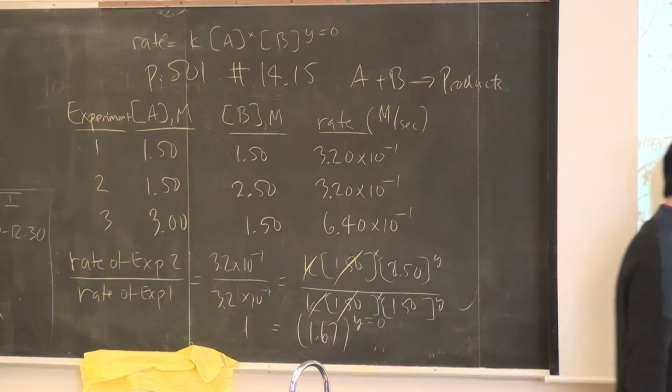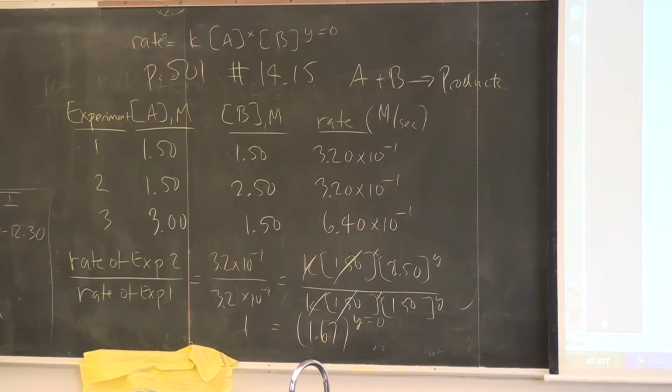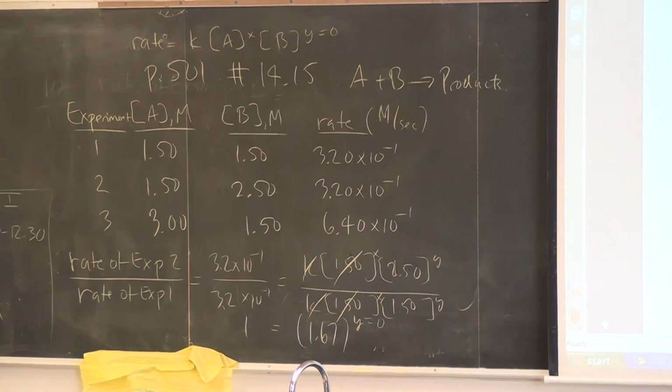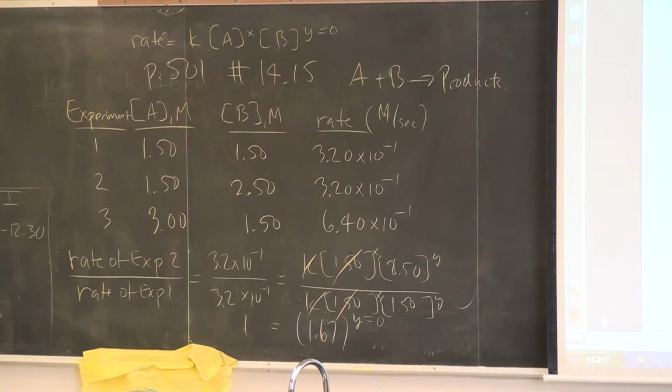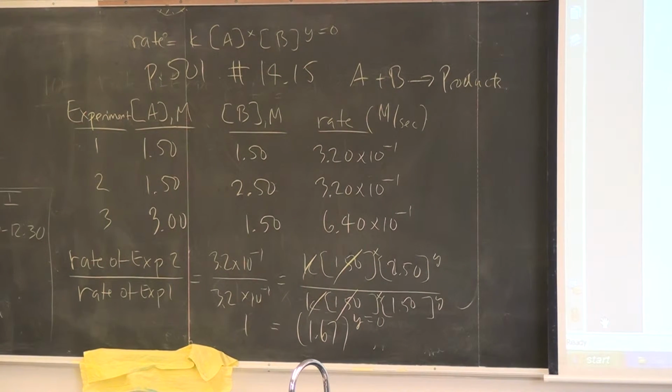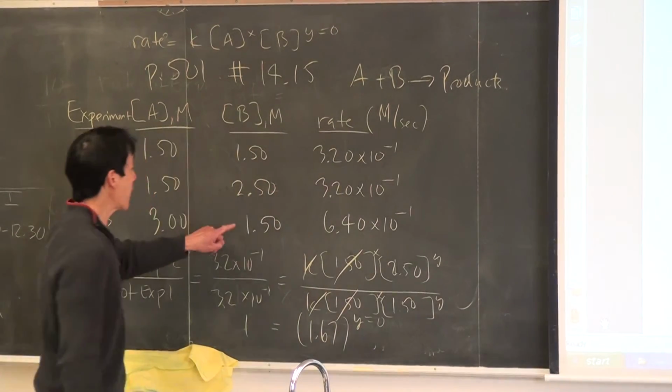If we do the same thing for 2 other experiments, which experiments do we want to compare to figure out the order with respect to A? Yeah, we can compare experiments 3 and 1. Note that we keep these concentrations the same.